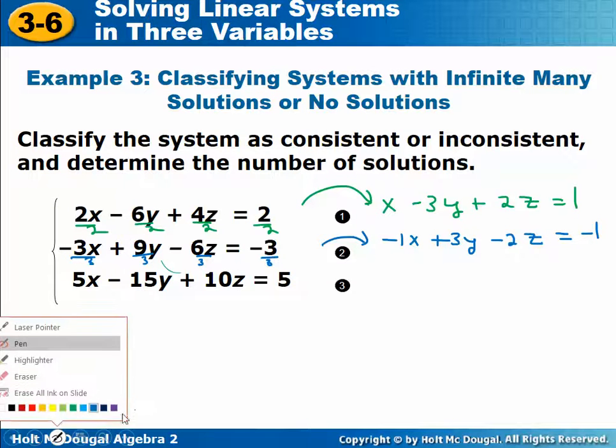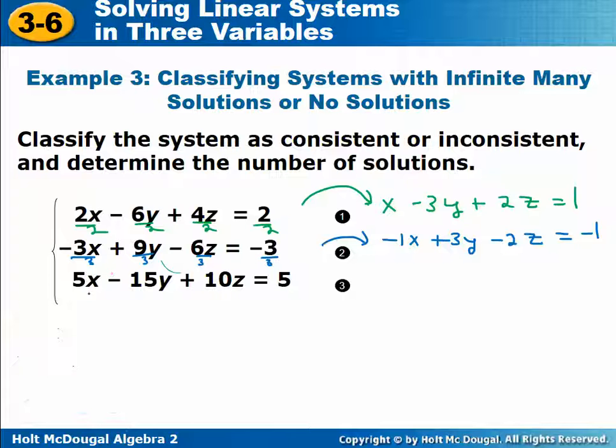And then the third one, they are all multiples of 5. I could divide each of these by 5. That would result in the simpler equation of 1x minus 3y plus 2z equals 1.